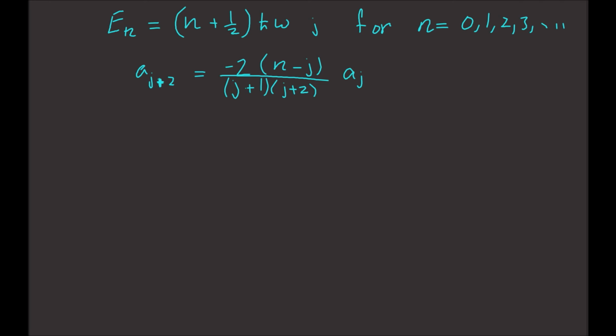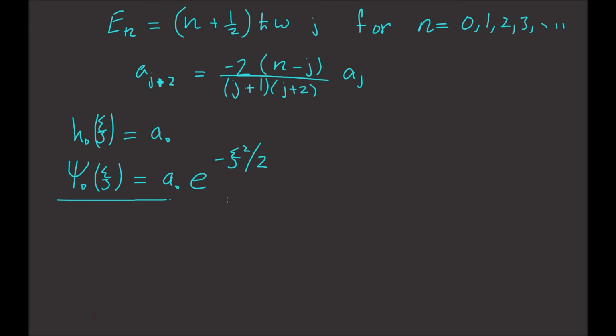And it follows that h naught of ξ, we're going to look at the first solution here, is equal to a naught, and psi naught of ξ is equal to a naught times e to the minus ξ squared over 2, right?